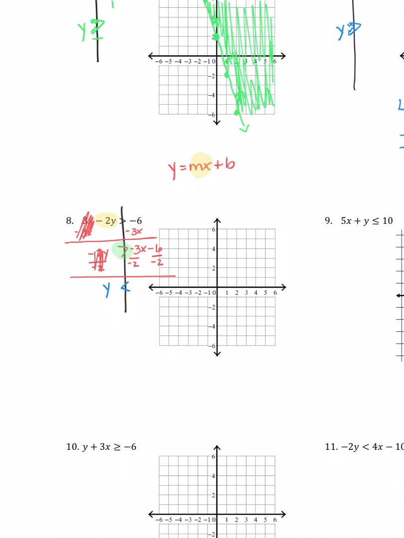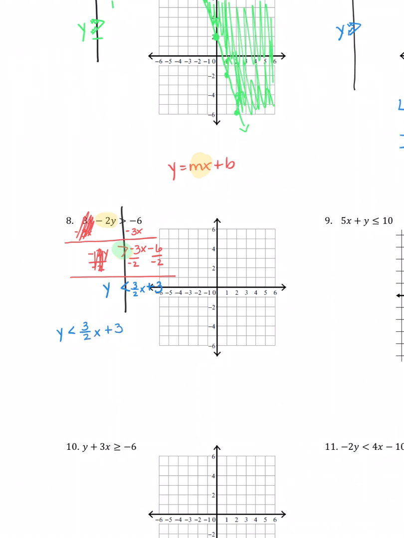A negative and a negative turns into a positive, so I'm just going to write 3 over 2x. And then negative 6 divided by negative 2. Again, a negative and a negative turns into a positive, so that's going to be plus, and 6 divided by 2 is 3. I'm going to rewrite that over here: y is less than 3 over 2x plus 3.